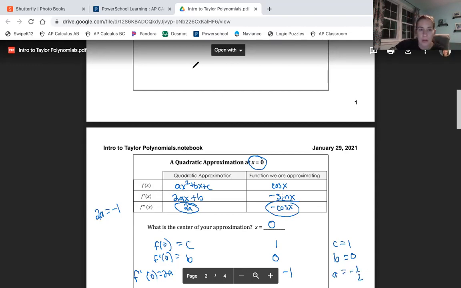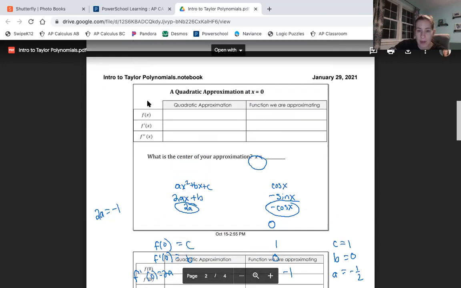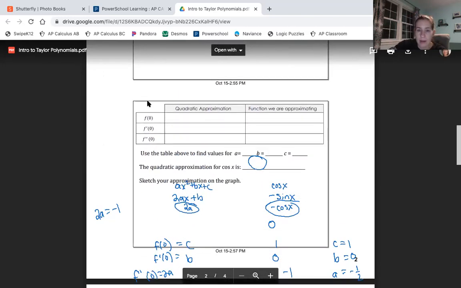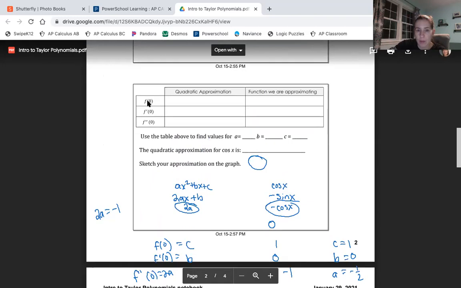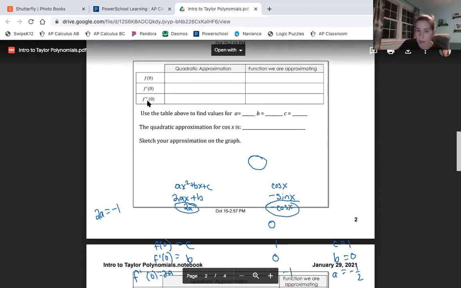Now that I know these values, I can plug them into a generic polynomial or quadratic equation, and then I'll be able to draw a parabola that mimics cosine. So I've found that a is -1/2, b is 0, and c is 1.